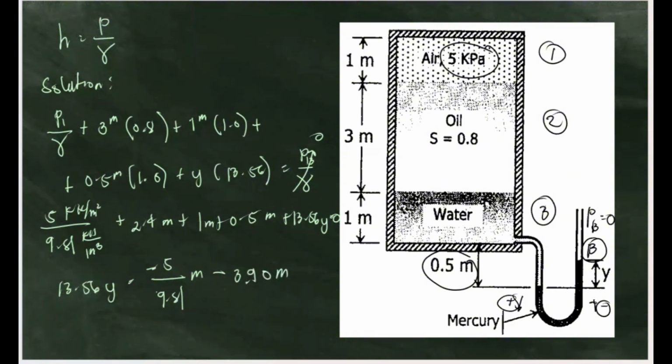So using algebra, 13.56 y is equal to negative 5 over 9.81 meters minus 3.9 meters.